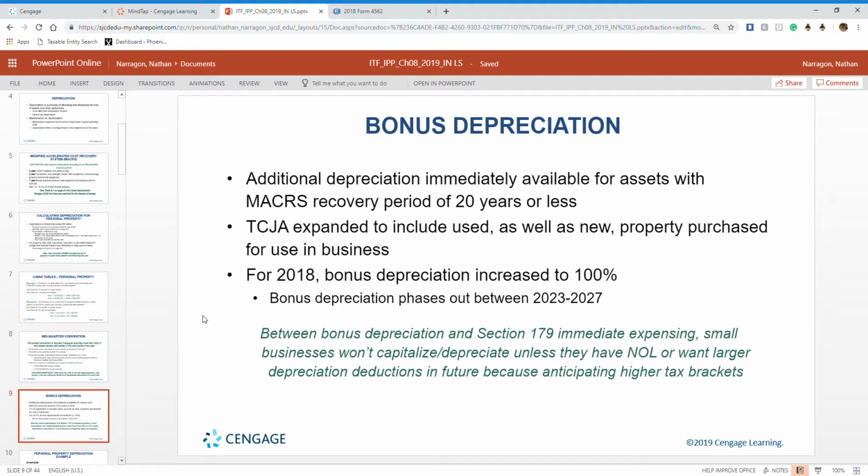They will actually hold off on bonus depreciation and Section 179, because they'd rather push that deduction later on to help save in case they make more money. So this is something that once you get into the tax world, you start to understand a little bit and be able to figure out what's going on.